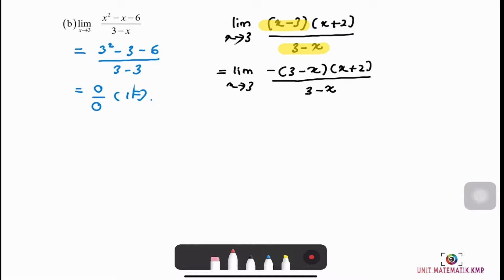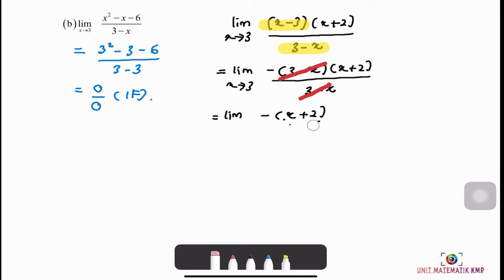So now we can cancel off this one and this one. After we cancel off, we have the limit of minus (x plus 2), no more fraction.